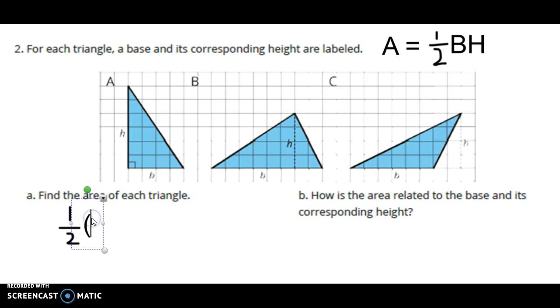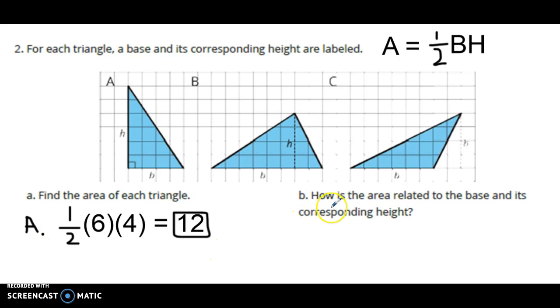So 1/2 times 6 times my base, 1, 2, 3, 4, is going to equal my area. 6 times 4 is 24, divided by 2 gives me 12 units squared. So for triangle A, I have 12.